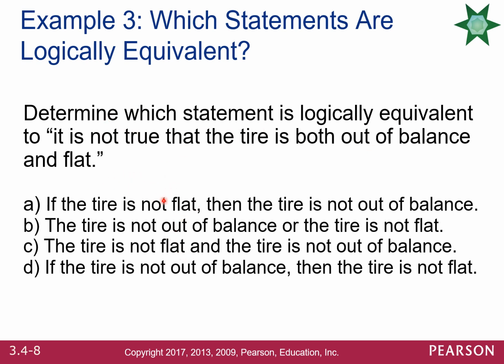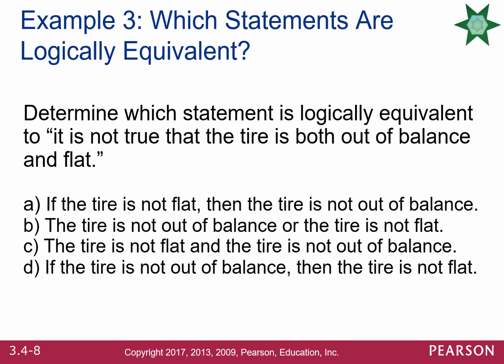So first, I'm going to break up the top sentence into two simple, or atomic, statements. There are two situations here: one that the tire is out of balance and the other that the tire is flat. So I'm going to first break it up into two statements.